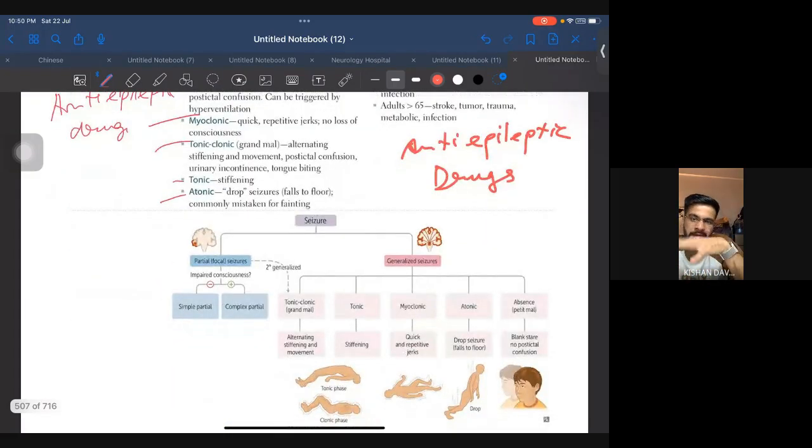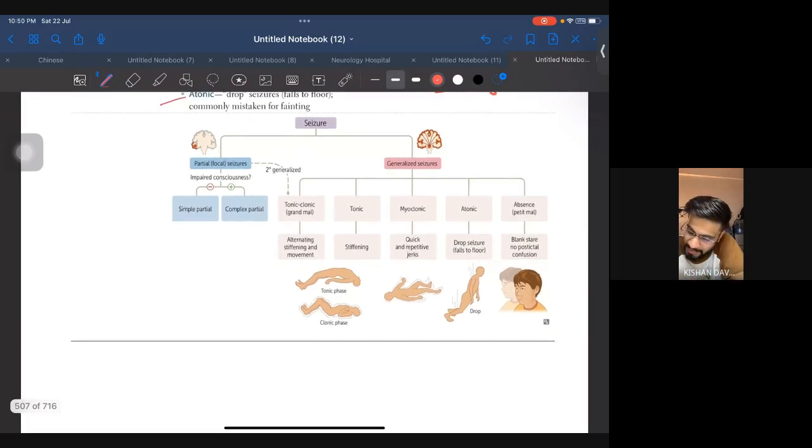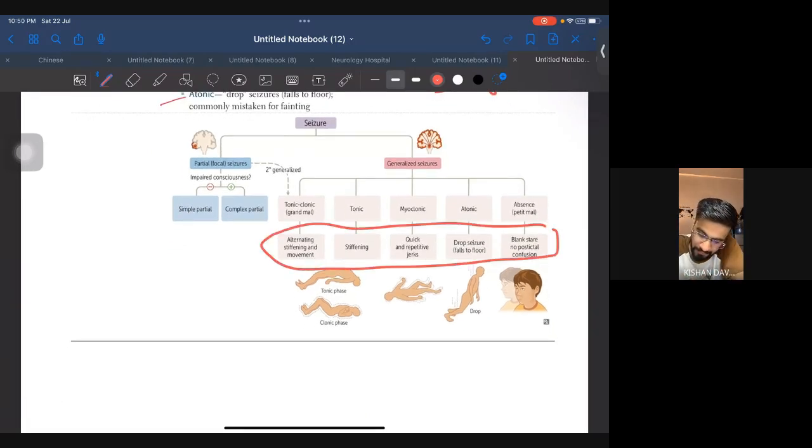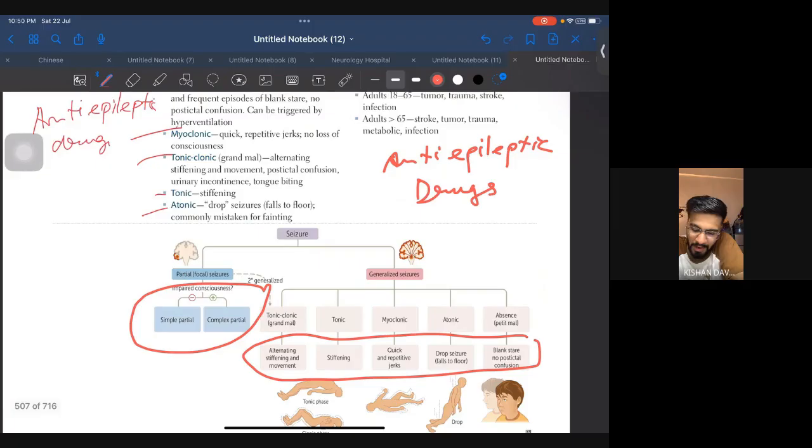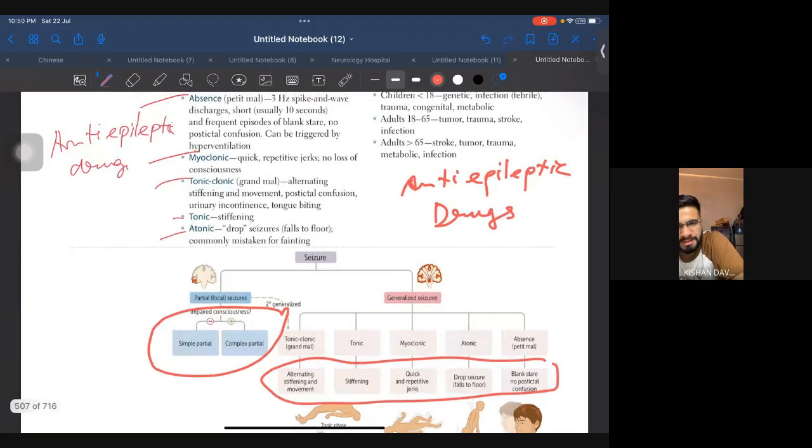If you want to study the anti-epileptic drugs, you should know which seizure is occurring. So indirectly, you just have to give it a read. If a patient is showing this symptom, this is the seizure going on. If this symptom, this is the seizure going on. बस आप इतना याद रख लेना ये and ये. Based on that, we will cover this in the anti-epileptic drugs, because anti-epileptic drugs are very high yield.